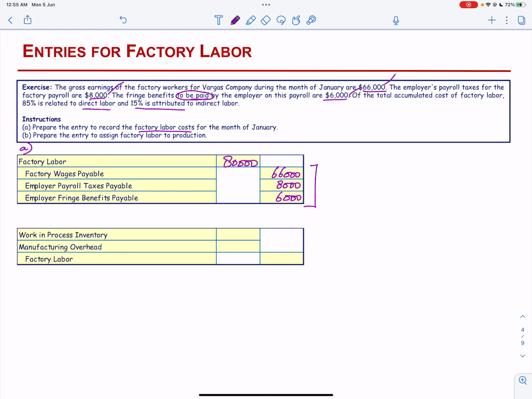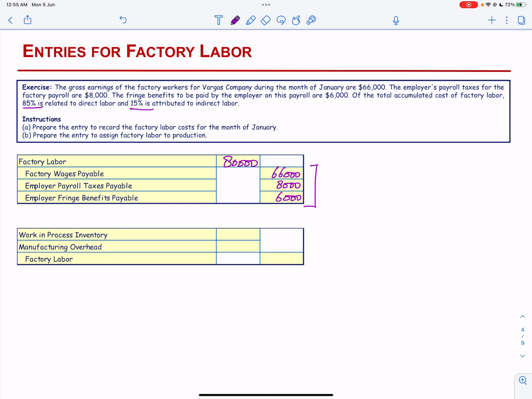We go to part B now, and here we have to prepare the entry to assign factory labor to production. You can see it is given in the question that the factory labor is 85% related to direct labor and 15% is attributed to indirect labor.